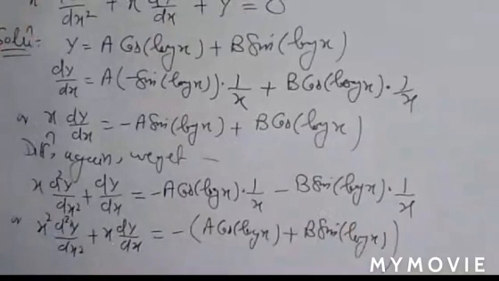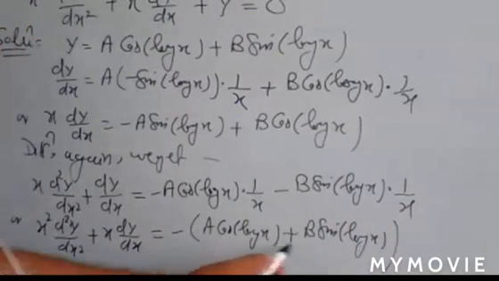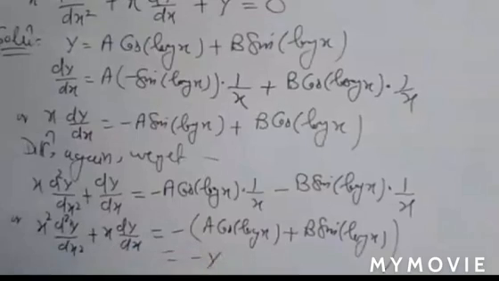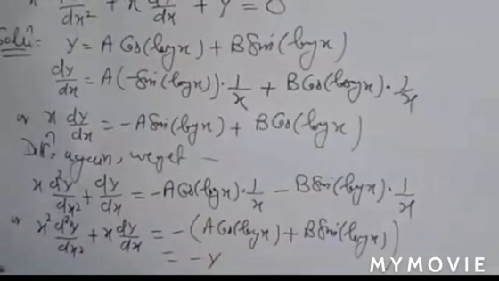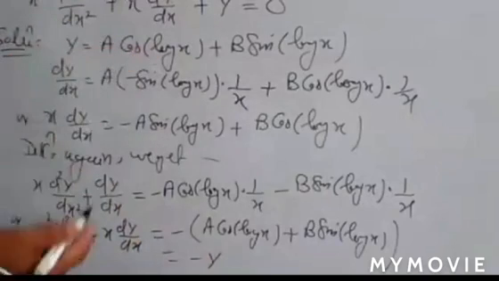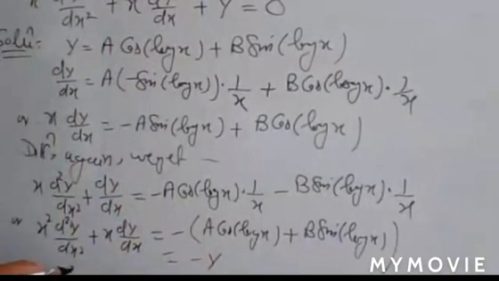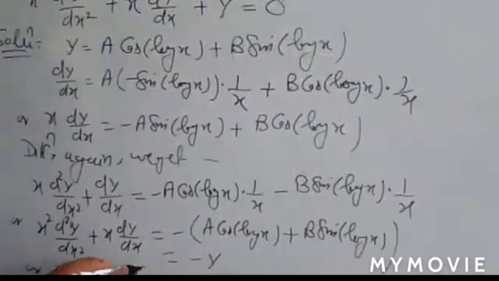You have the term like that. And just see, that gives the value of y, so here you have minus y. Transfer this y to the left side and your result is proved. So right, here you have x square d2y by dx2 plus x into dy by dx plus y is equal to 0.